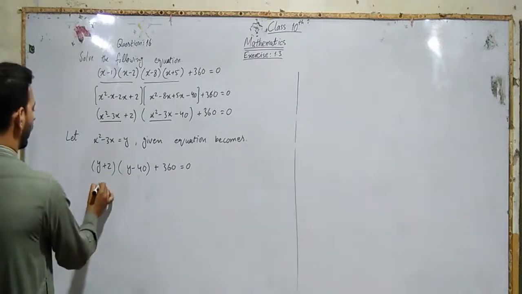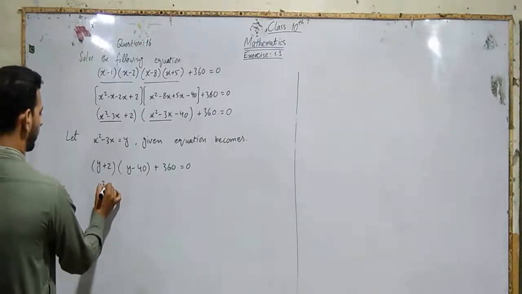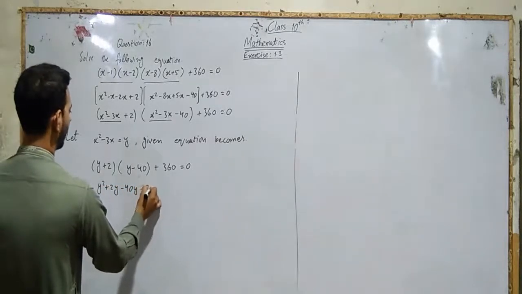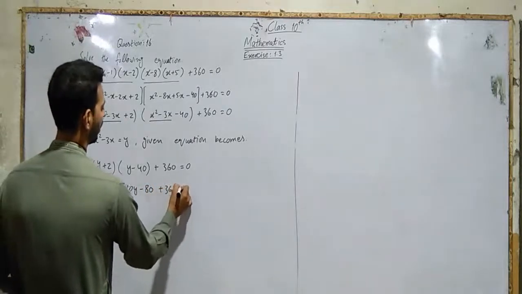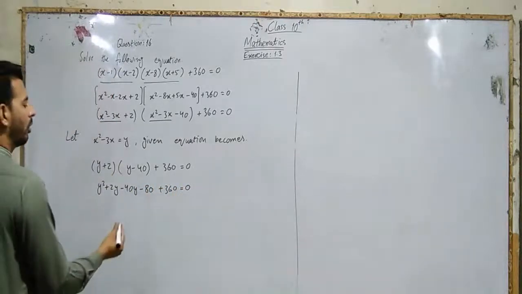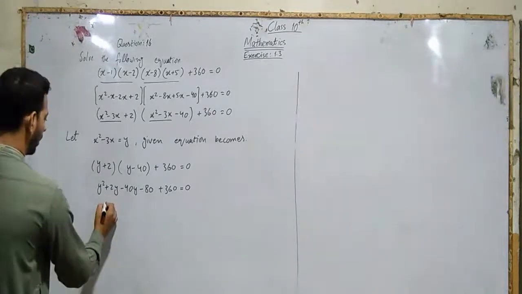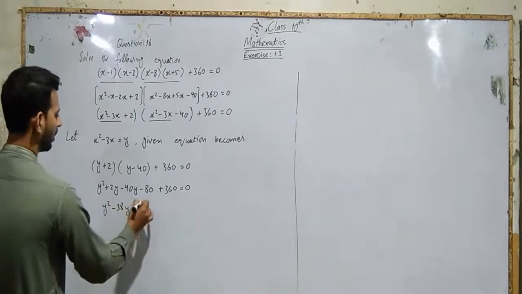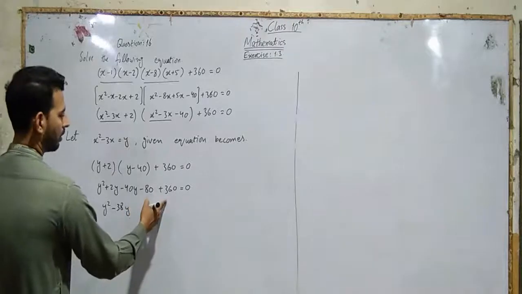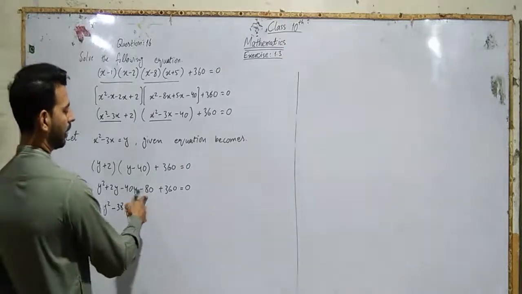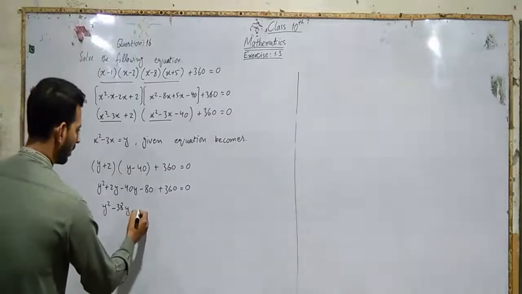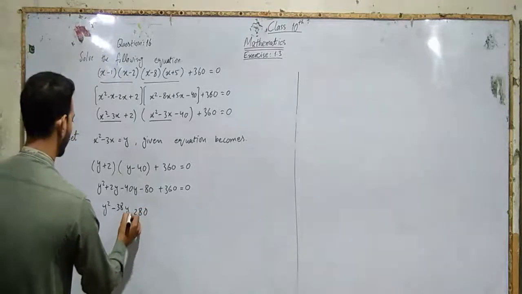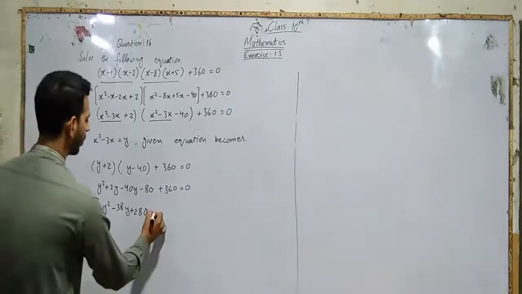So it will become y squared plus 2y minus 40y minus 80 plus 360 equals to 0. Now further simplifying it, we will get y squared minus 38y, and if we deduct 80 from 360, we will get 280. That is plus 280 equals to 0.